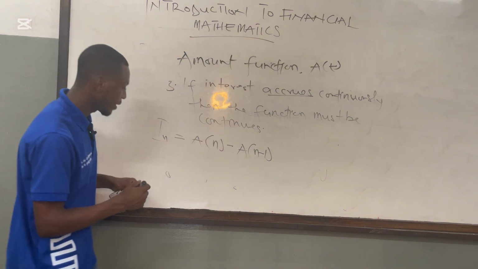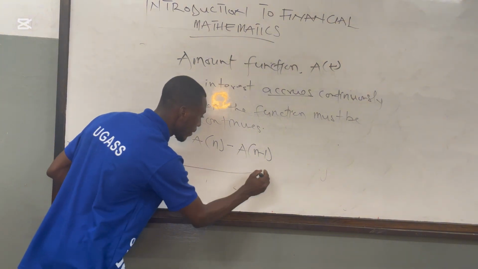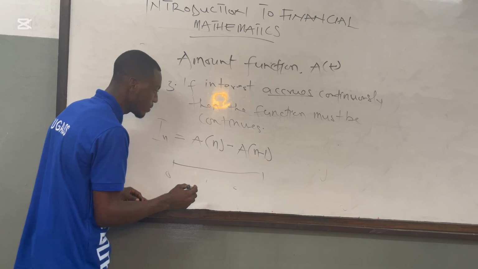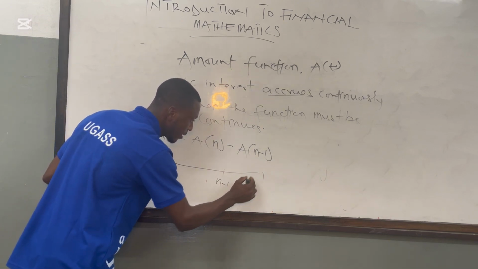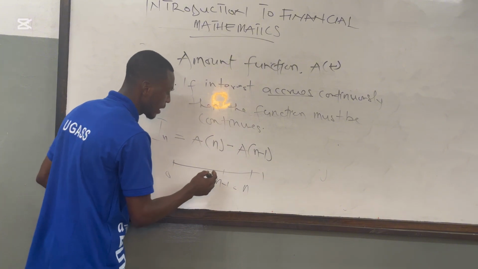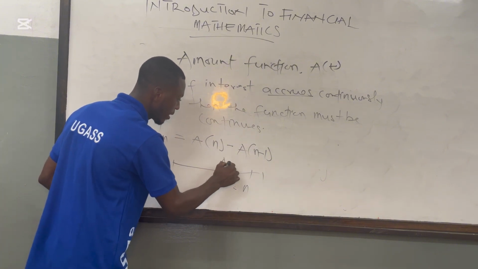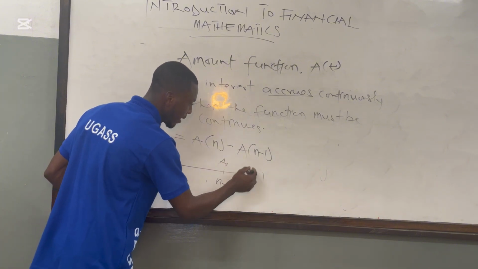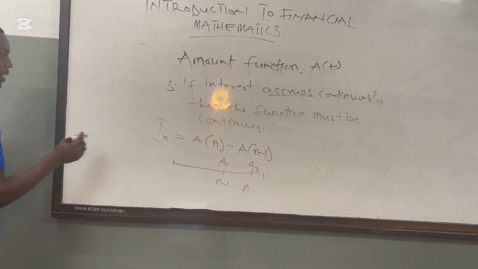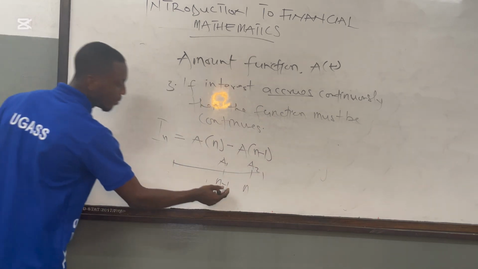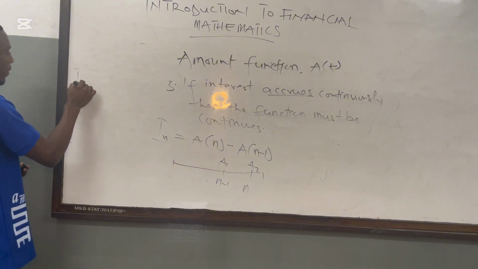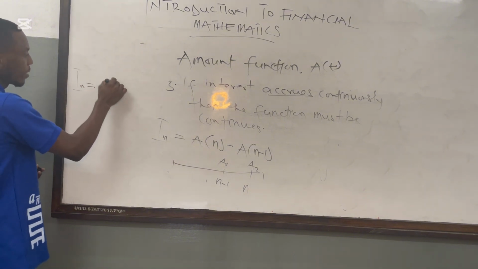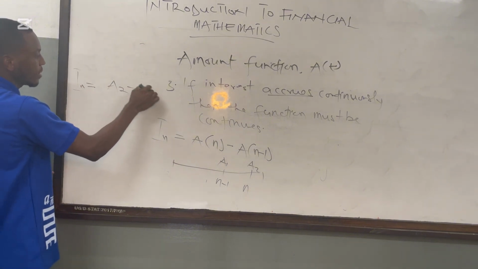On the timeline, if I want to find the interest between time n minus 1 and time n, suppose the amount at n minus 1 is A1 and the amount at time n is A2. So the interest earned on the period between n minus 1 and n, which is I_n, will be equal to A2 minus A1.